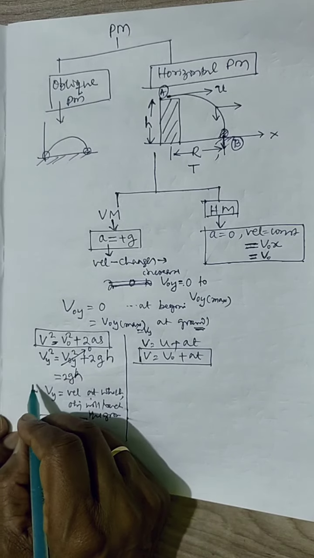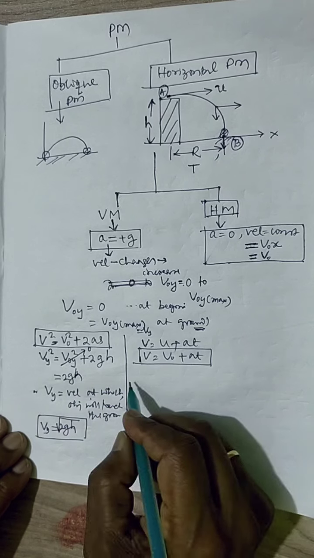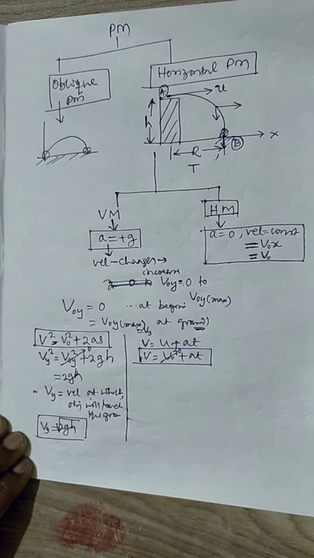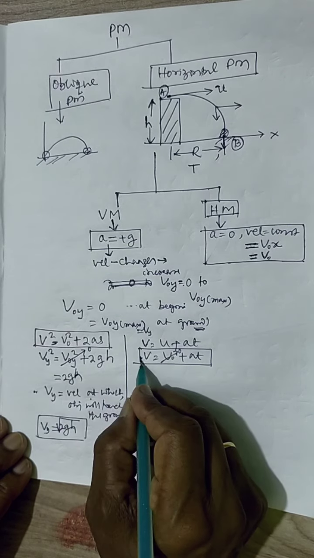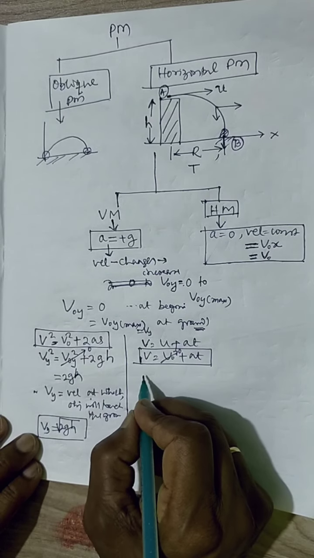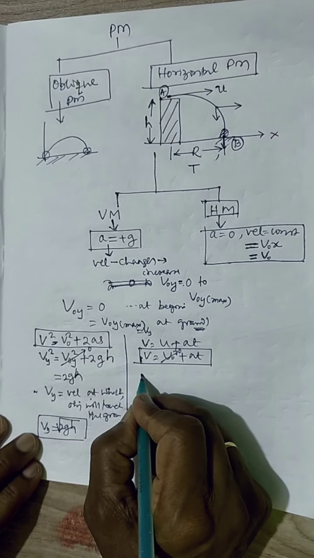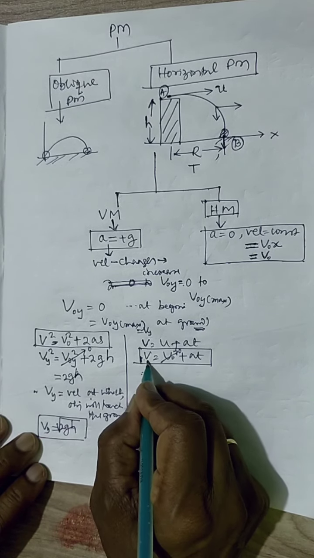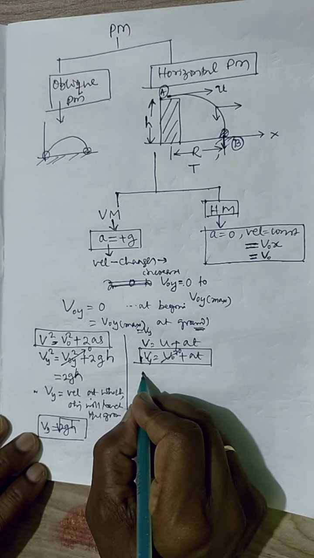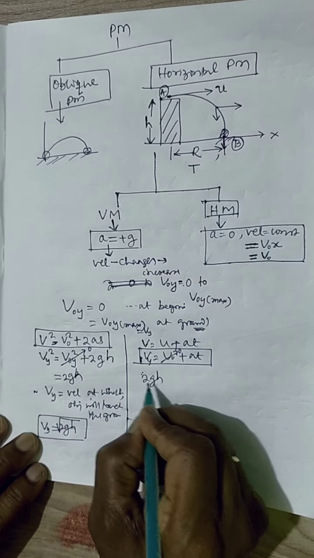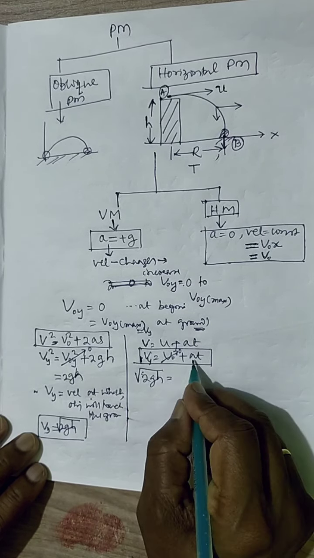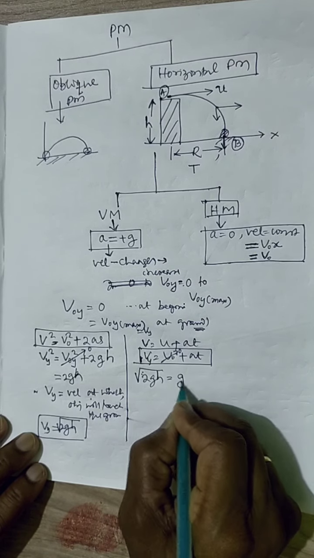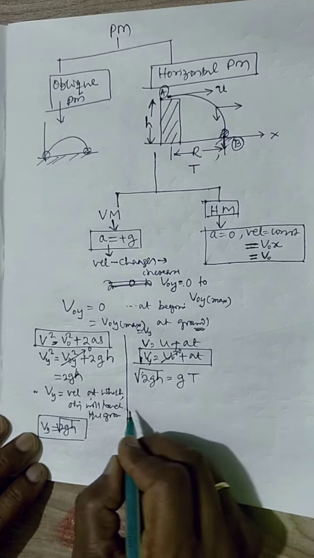As we are considering vertical motion, the initial velocity in the vertical direction is 0, hence v is equal to vy, which is root 2gh, equal to g times t, where t is the time period.